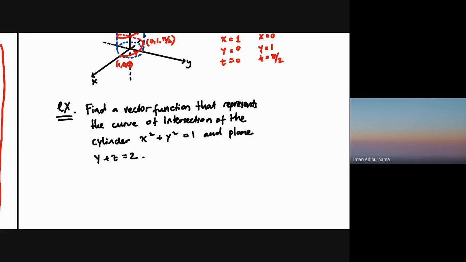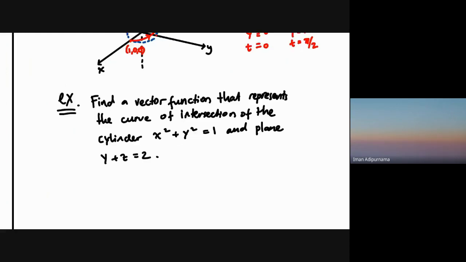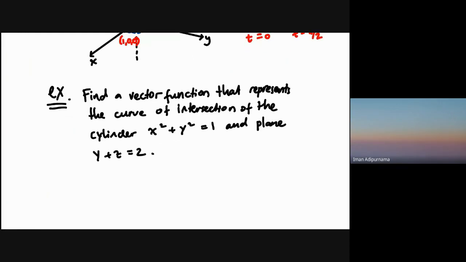So the question is asking for a vector function that is in the intersection of the cylinder x squared plus y squared equals 1, and the plane. It's slicing the cylinder, and you need to imagine the intersection between the cylinder and the plane.